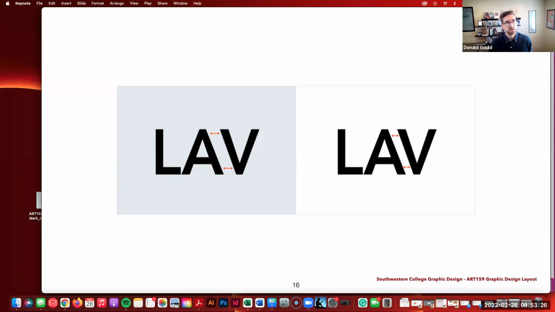But sometimes different letter forms can look awkward, and that spacing can seem irrational when we're looking at it at a larger scale. So let's take an example here. Let's look over here on the left. This is a sans serif typeface with the capital letters L-A-V written out, right?